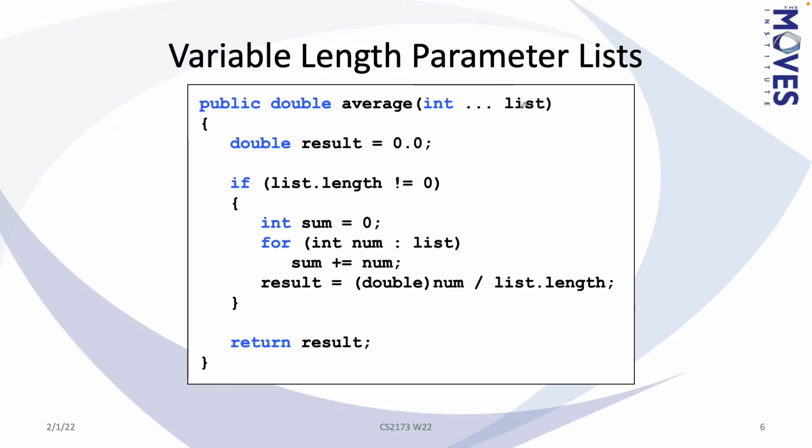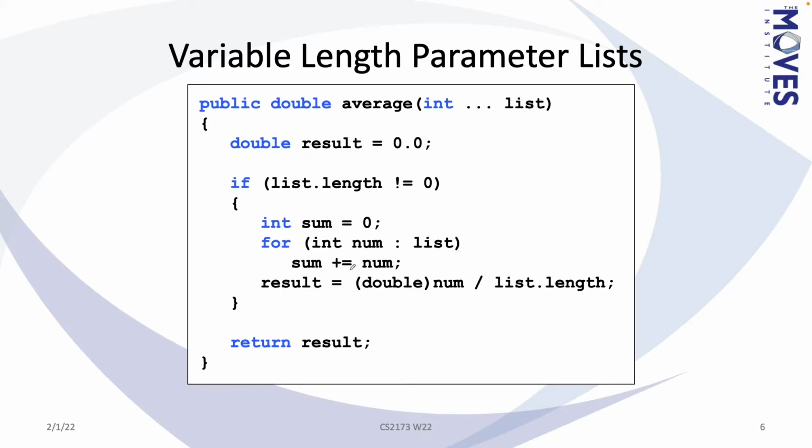So here's their implementation of this average. Actually, this is not really necessary, but we have the sum. We iterate over the list, just like it was an array.